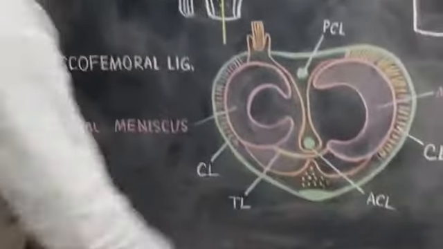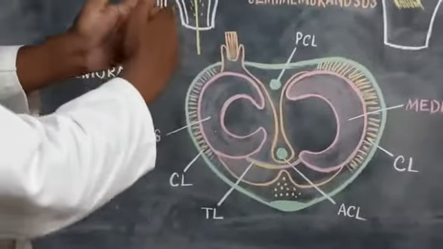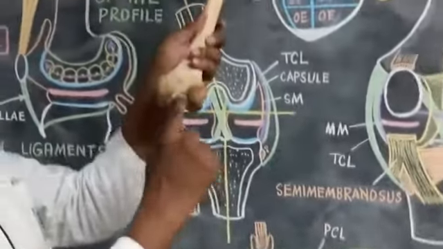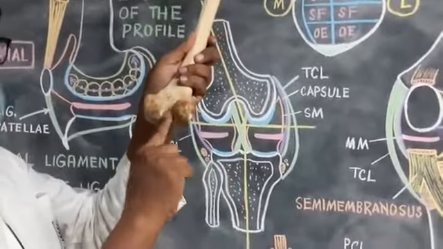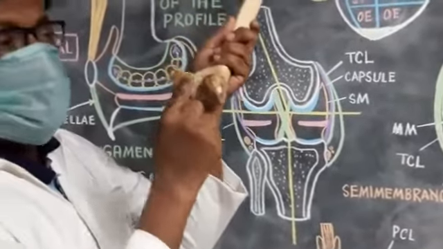Below, it presents an infrapatellar synovial fold towards upwards and backwards, encroaching into the intercondylar fossa and attached to the lower margin. Apex is attached to the lower margin of the floor.